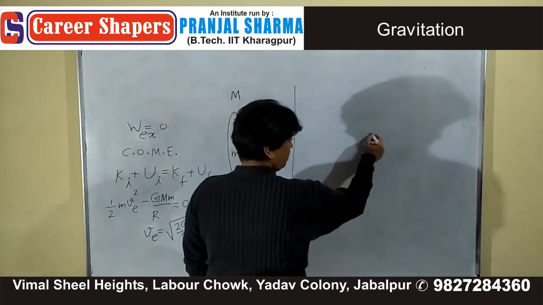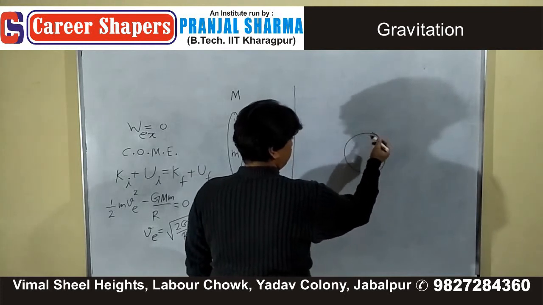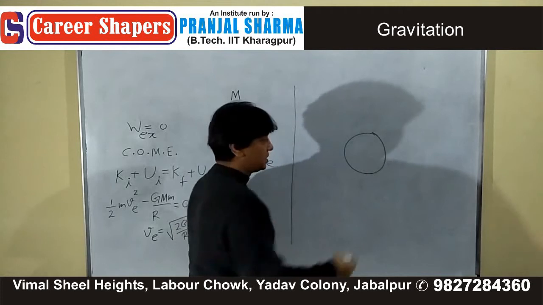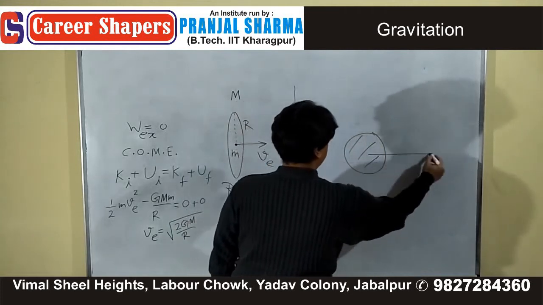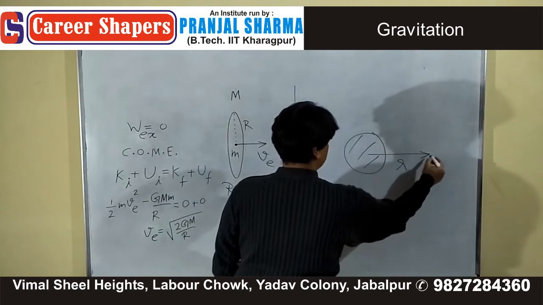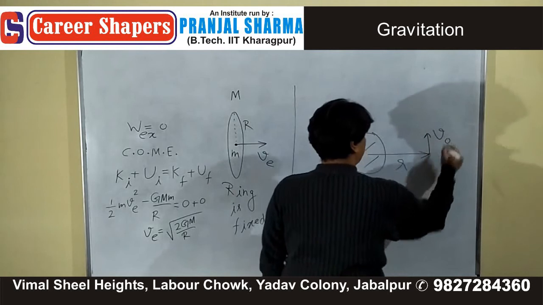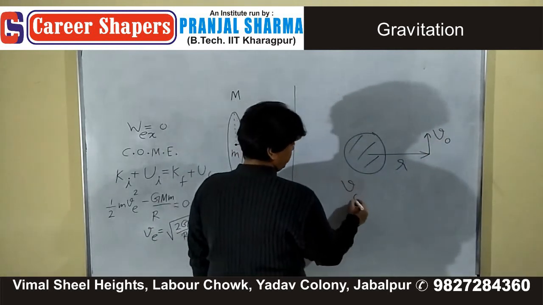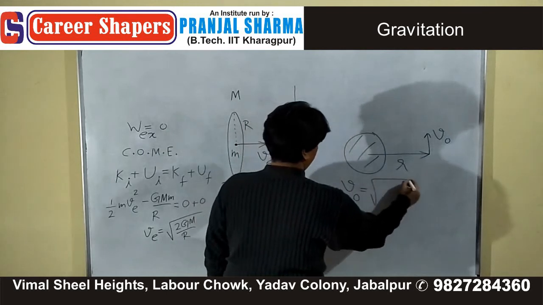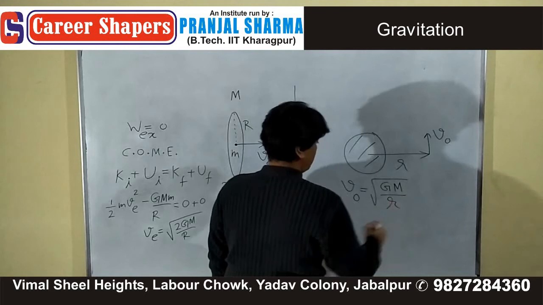We saw that if you have a satellite and it is moving around Earth in a circular orbit of radius r, its orbital velocity was VO. And this VO, if you remember, was root over GM divided by r.